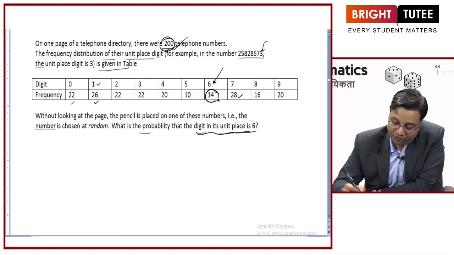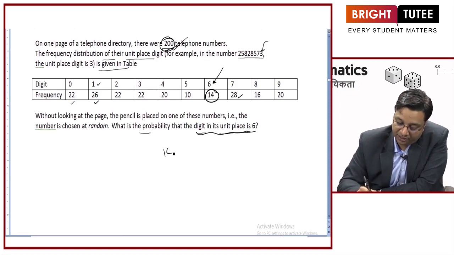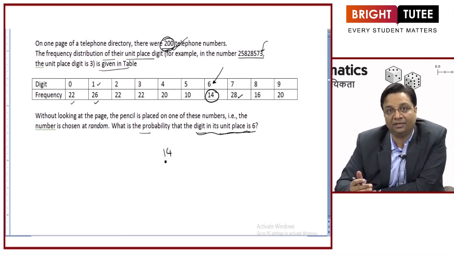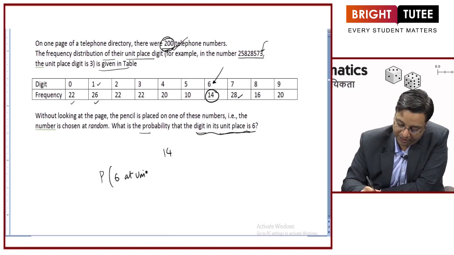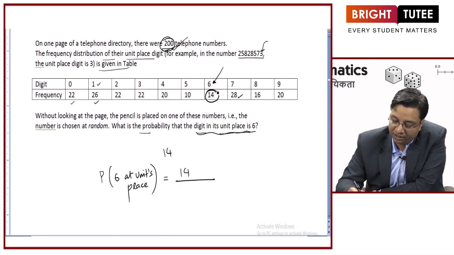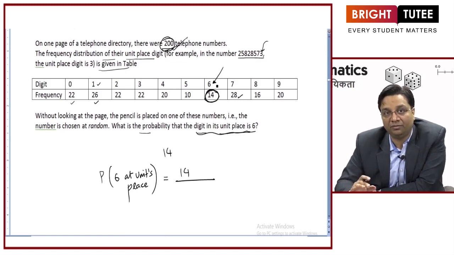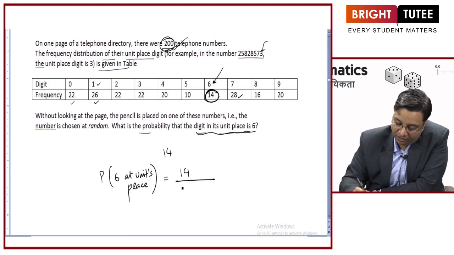Okay, so 14 is the frequency of the event occurring. So probability of 6 at units place will be 14, which is the number of times 6 is there out of these 200 numbers at units place, divided by what? 200.